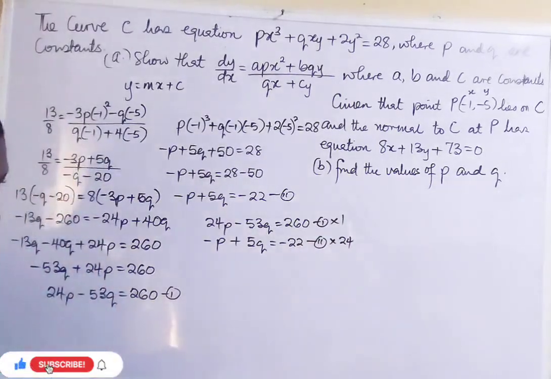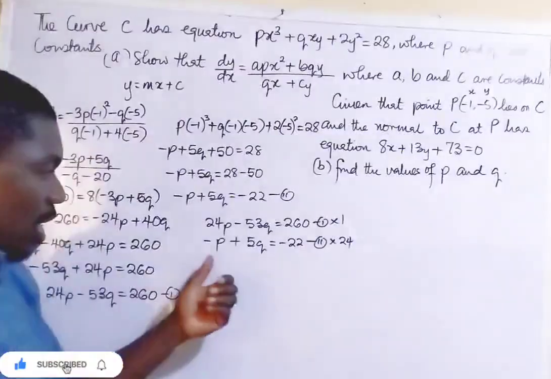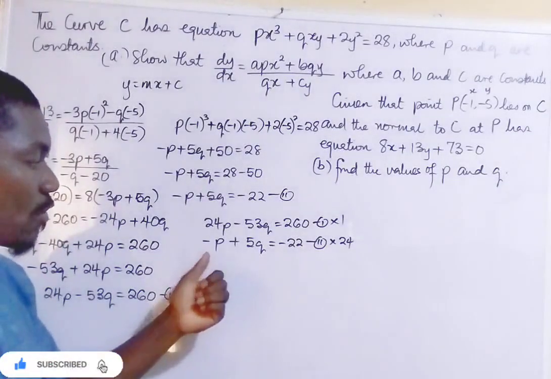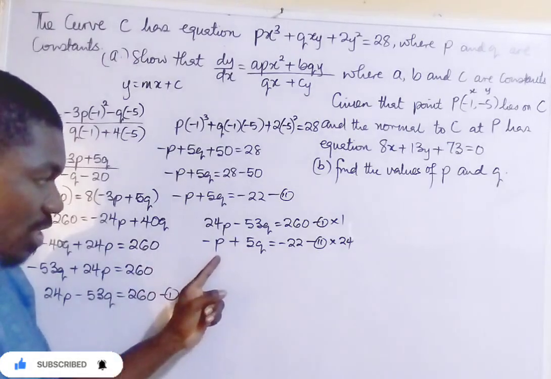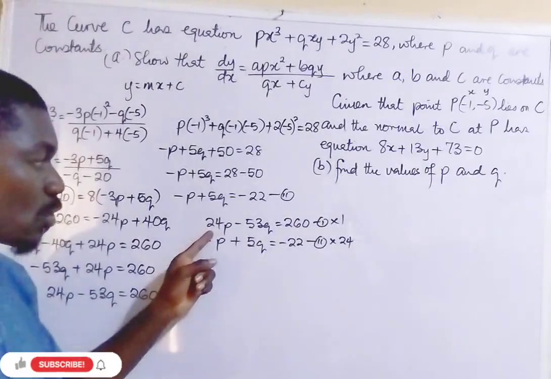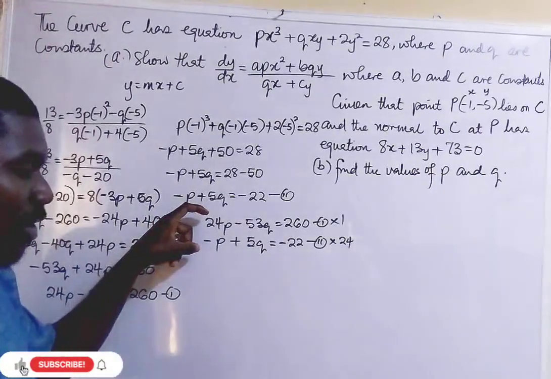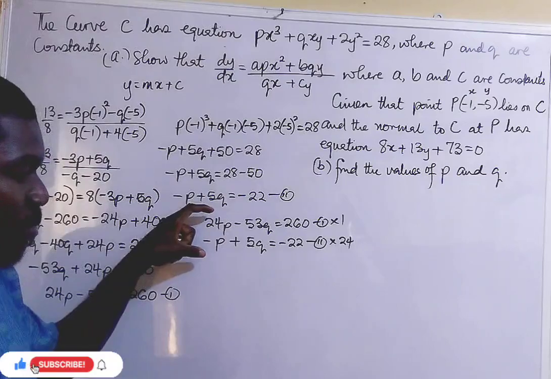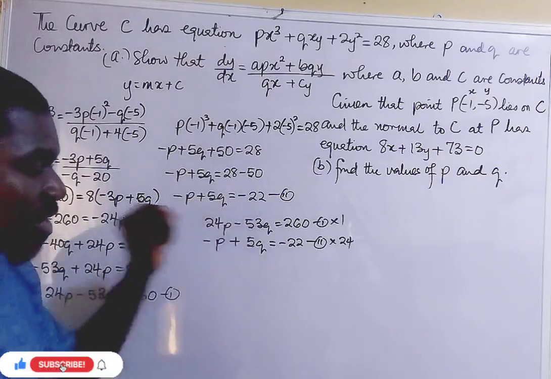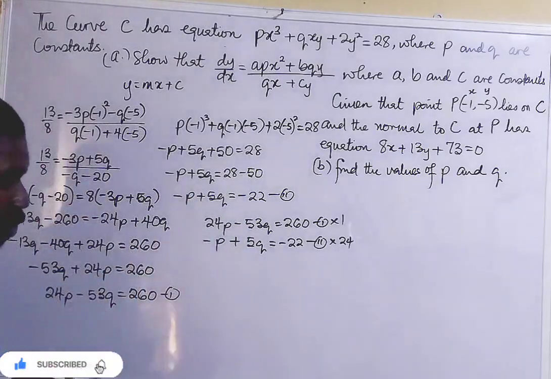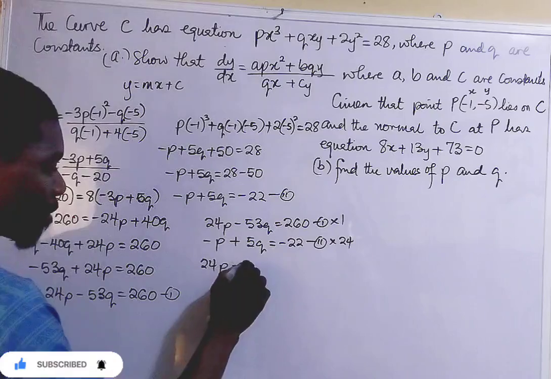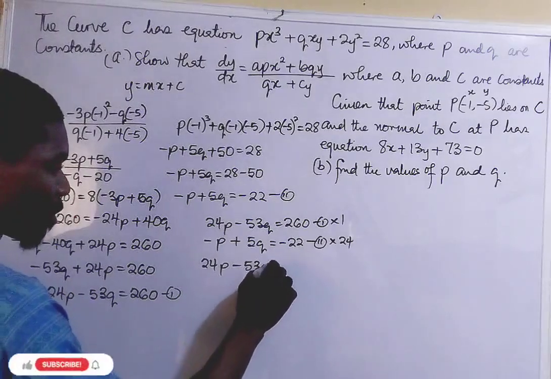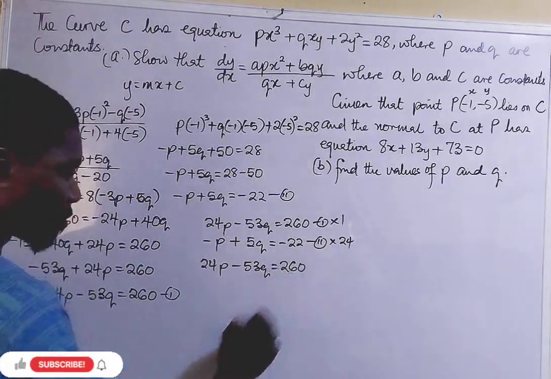Why I'm multiplying by 24 is to ensure that p in equation 2 has the same coefficient as p in equation 1, thereby allowing us to eliminate p and find the value of q. So here we have 24p minus 53q equals 260.